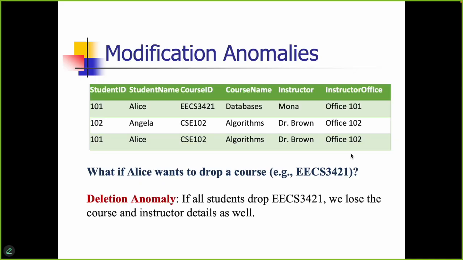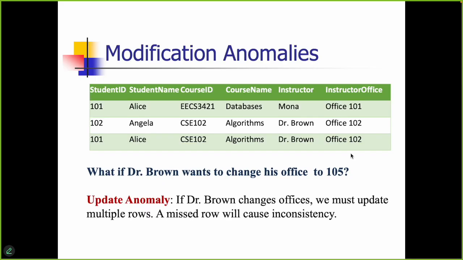Next, we also provided an example of update anomalies. For example, if you want to update Dr. Brown's office or any other information, sometimes you need to update that information in several rows.